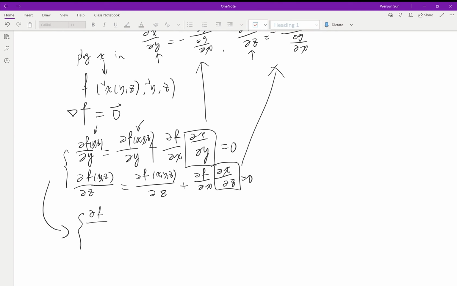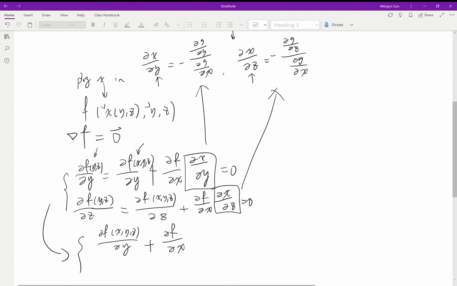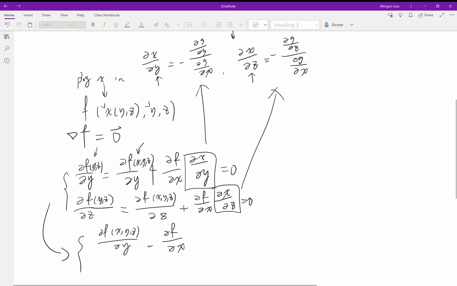del f over del y. Okay, so I'm just going to say this: del f of x, y, z over del y plus del f over del x times del x over del y is equal to minus del g over del y over del g over del x.